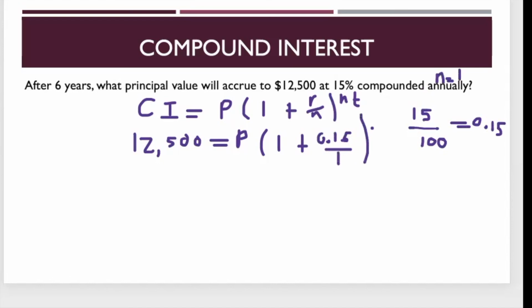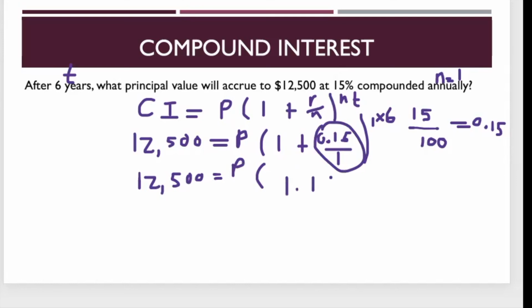Then I have NT, so I'm going to have 1 times years. The years is 6, so this is T. So I have 12,500, and I'm finding P, so I leave it as it is. Now right here, 0.15 divided by 1 is just 0.15. So 1 plus 0.15 is 1.15. And 1 times 6, that's 6.